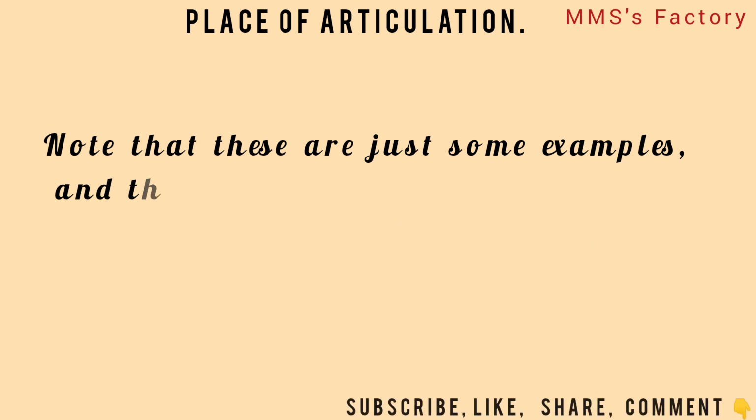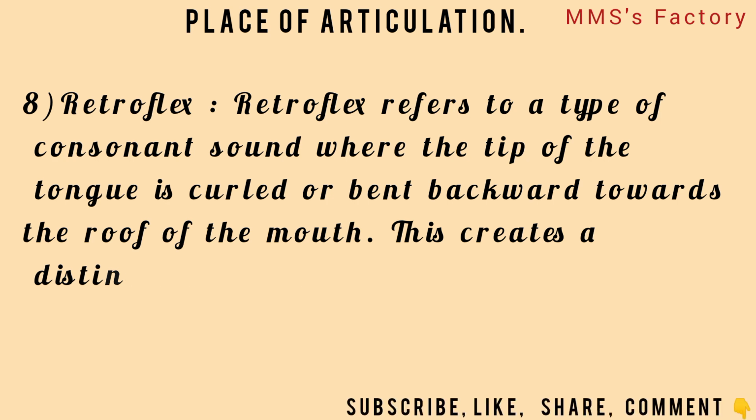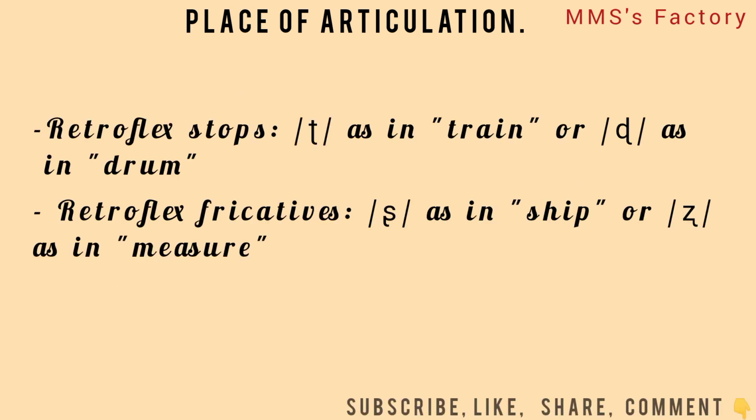and pharyngeal. 8. Retroflex. Retroflex refers to a type of consonant sound where the tip of the tongue is curled or bent backward towards the roof of the mouth. This creates a distinctive sound quality. Examples of retroflex sounds include retroflex stops, as in train, or as in drum.